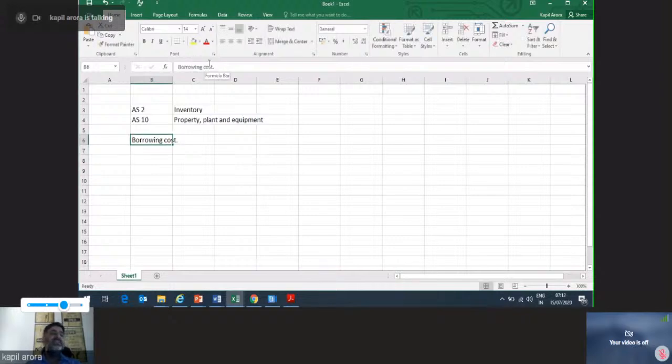The guidance which was there in AS2 and AS10 is mentioned under AS16. So what exactly does it say?